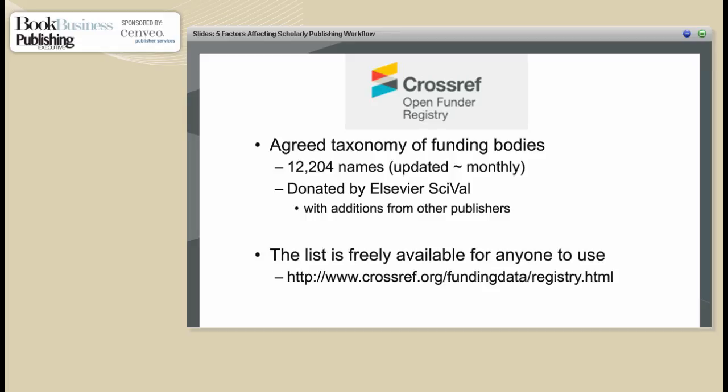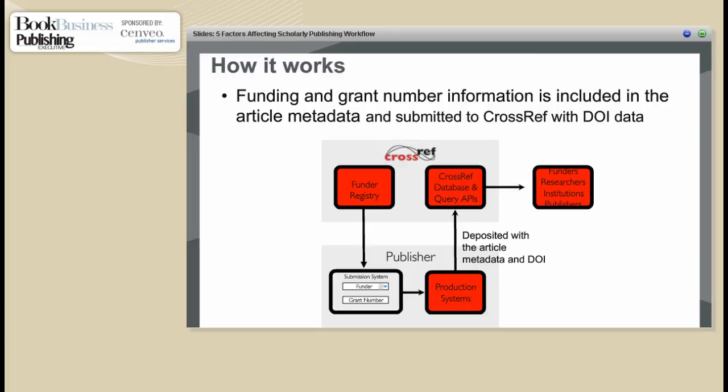And so what happens is Crossref maintains the registry. We supply the registry to the publisher. Publishers then use the registry in their production systems to identify, using the identifier, who is the funder for that given work. And that typically requires either mining by the publisher systems or by having the author directly enter the value into the production system or the manuscript submittal system.